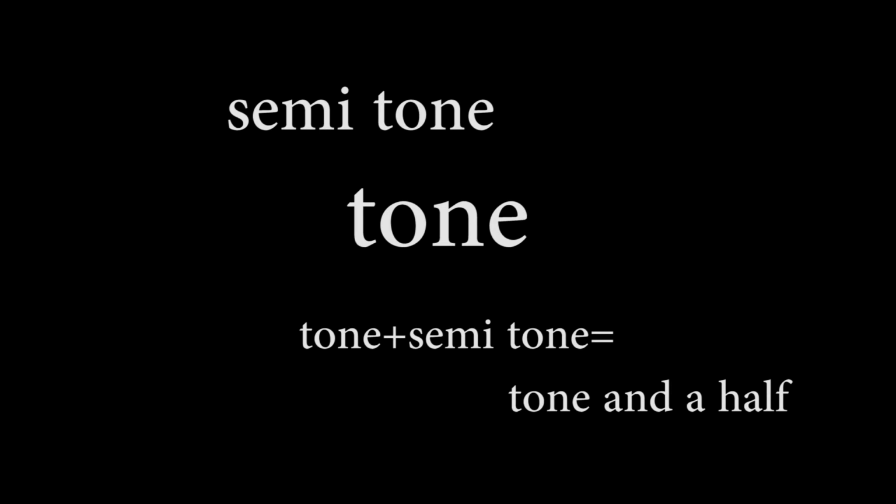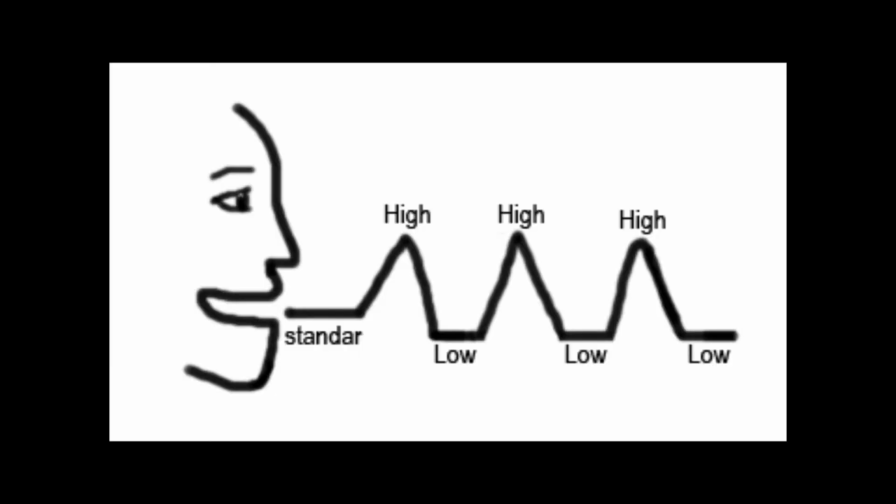The ways that we build our scales is by using either tone, semitone, or tone and a half. If we're gonna build the major scale, it's just a group of pitch intervals or pitch distances measured in height, and the intervals in every natural major scale are whole tone, semitone, whole tone, semitone.